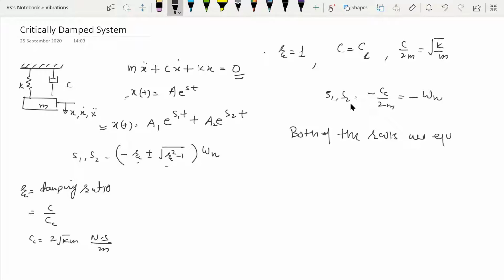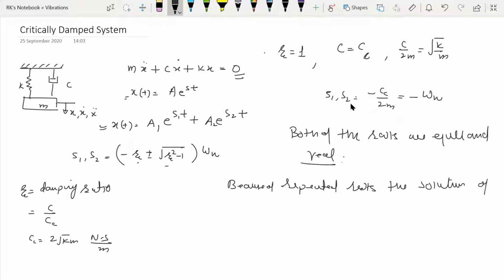Because of these repeated roots, the solution of this governing equation is given by x(t) equals (a1 plus a2 t) multiplied by e raised to the power minus omega n t.